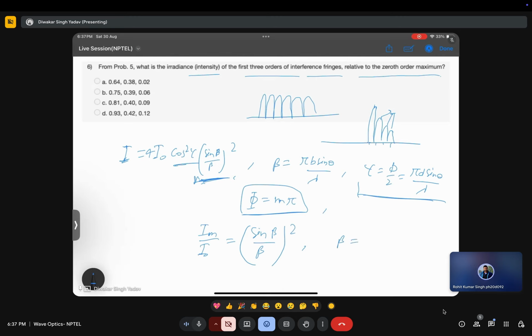So beta we can find from here: pi b m by lambda, sorry, pi b m by d, right?